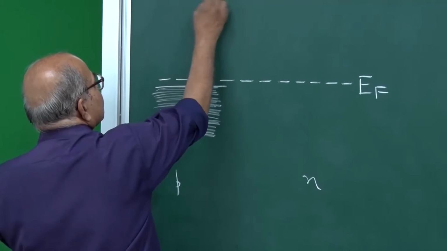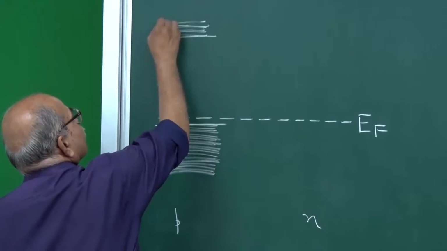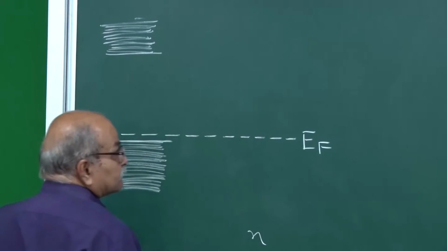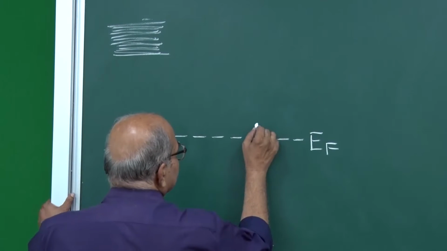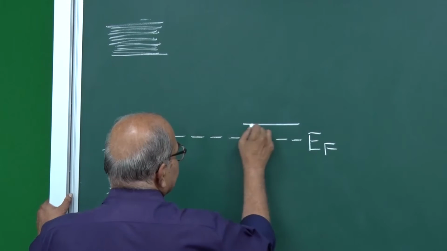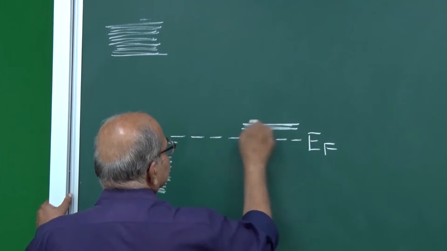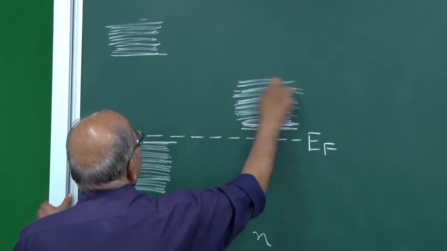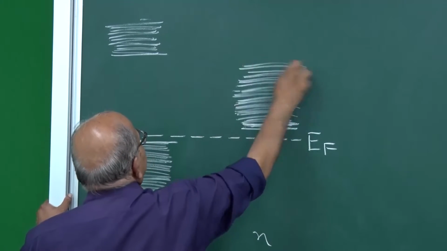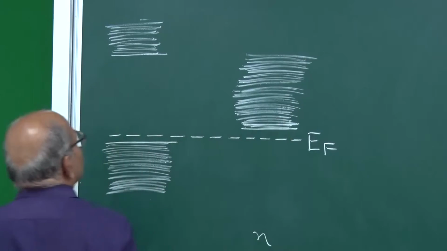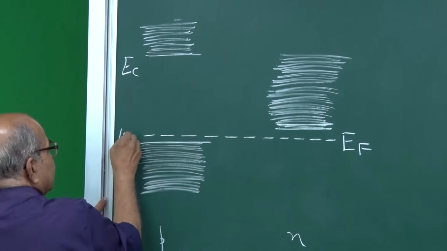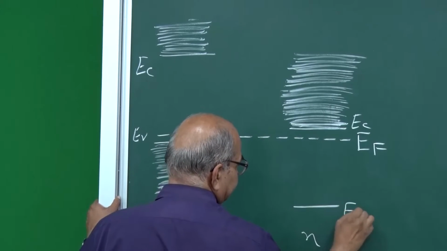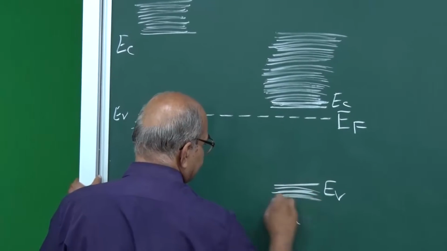The conduction band was here. And then on this N side, the conduction band starts here. These are the conduction band energies. All these quantum states correspond to the conduction band. So this is EC here, this is EV here, then this is EC here, and EV will be somewhere here. So the quantum states are here.